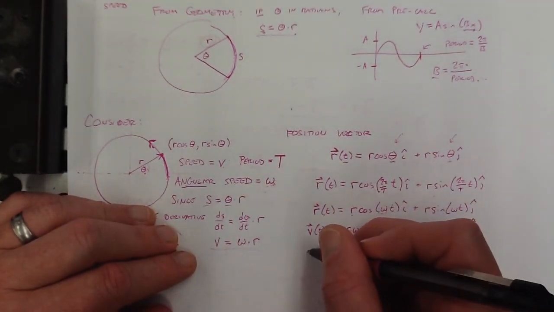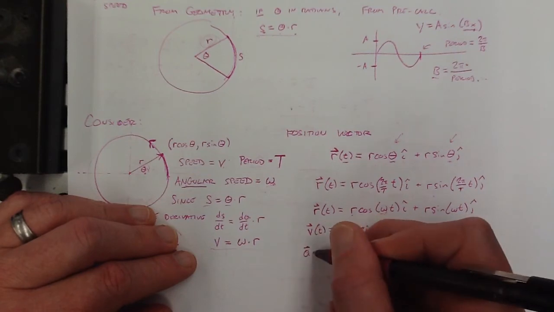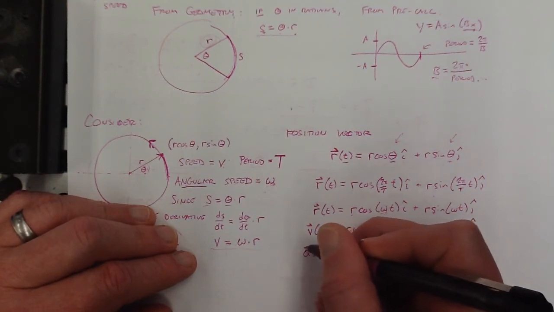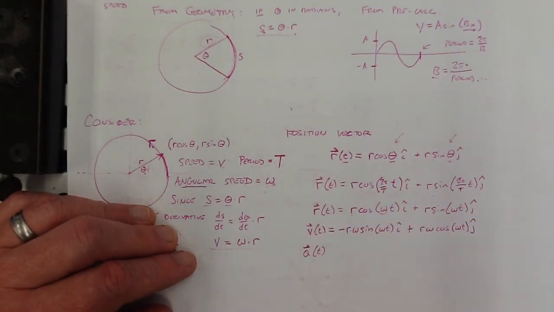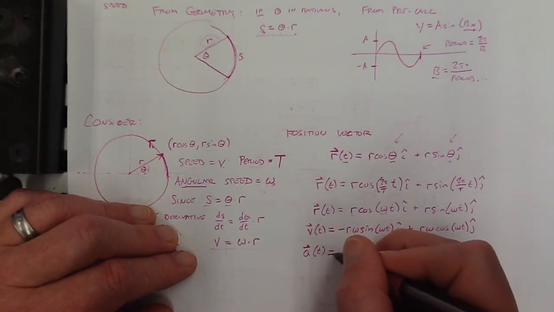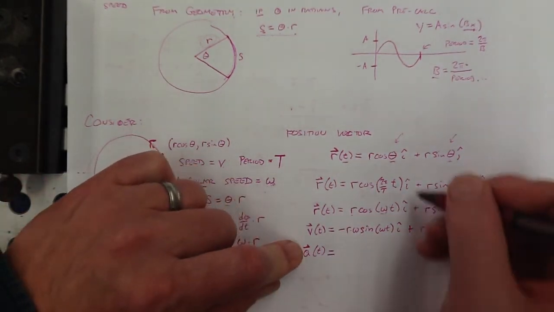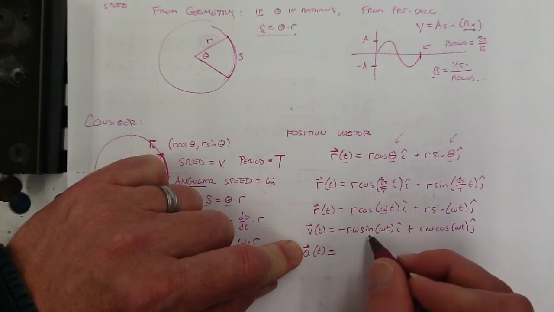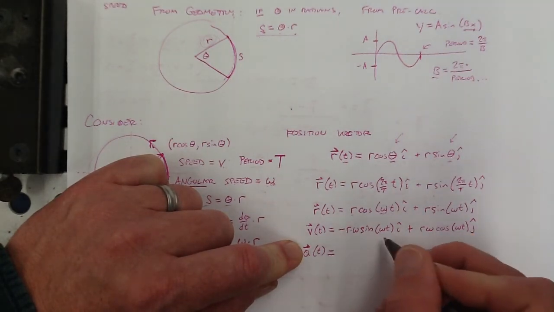This is where things are a little bit more interesting, I suppose. How about the acceleration? Well, let's see. Take the derivative of a sine function, that's cosine, and another omega is going to pop out because of the chain rule.